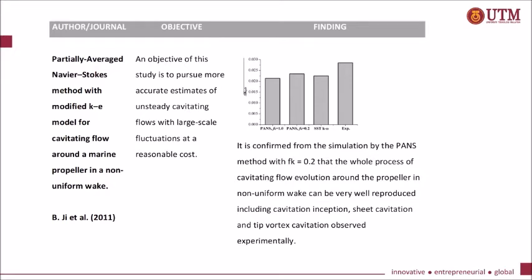The study finding confirmed from the simulation by the PANS method with fk equals to 0.2 that the whole process of cavitating flow evolution around the propeller in non-uniform wake can be very well reproduced, including cavitation inception, sheet cavitation, and tip vortex cavitation observed experimentally.